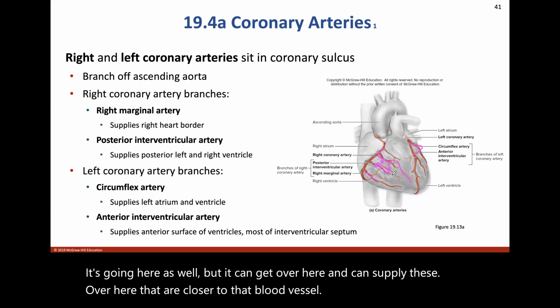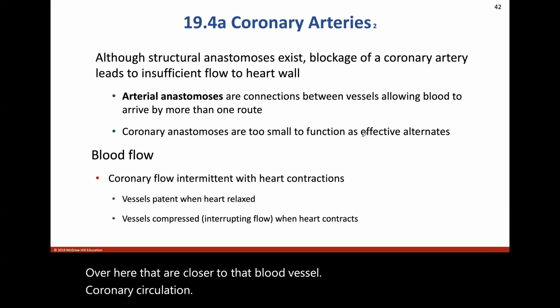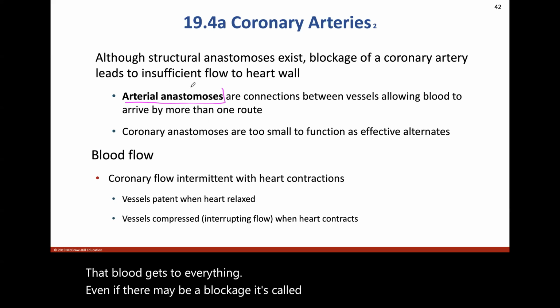The coronary circulation is filled with these multiple channels. These multiple channels exist to ensure that blood gets to everything, even if there may be a blockage. It's called an arterial anastomosis. That's what that fancy word is.